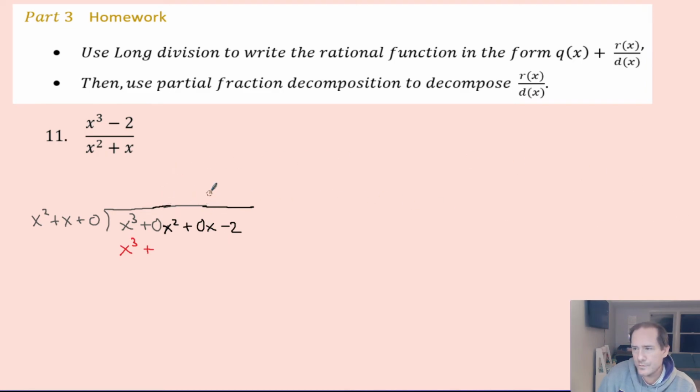So we'll put the x up here, and we'll distribute that, giving me an x cubed, an x squared, and then nothing else. So we'll subtract. I guess technically there's a 0 here, so just to keep everything lined up nicely, these will cancel.